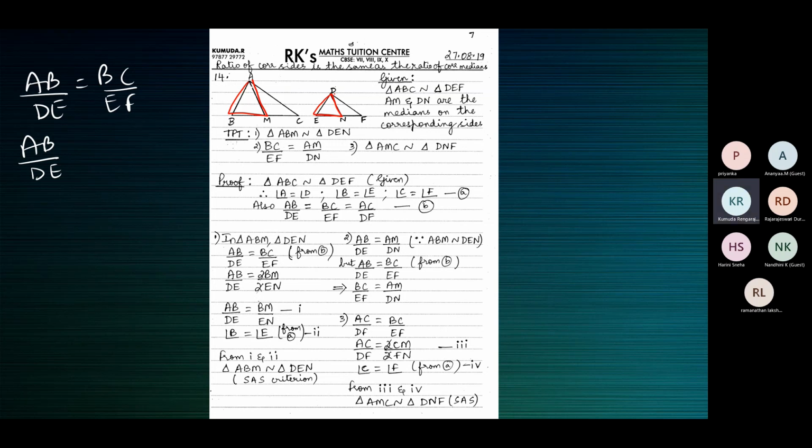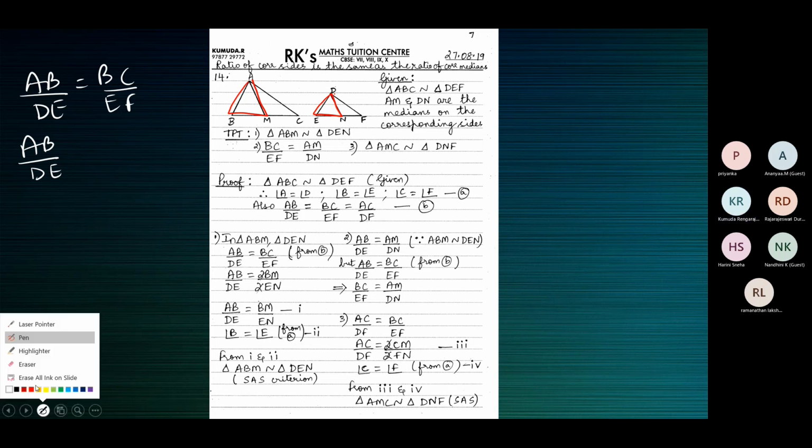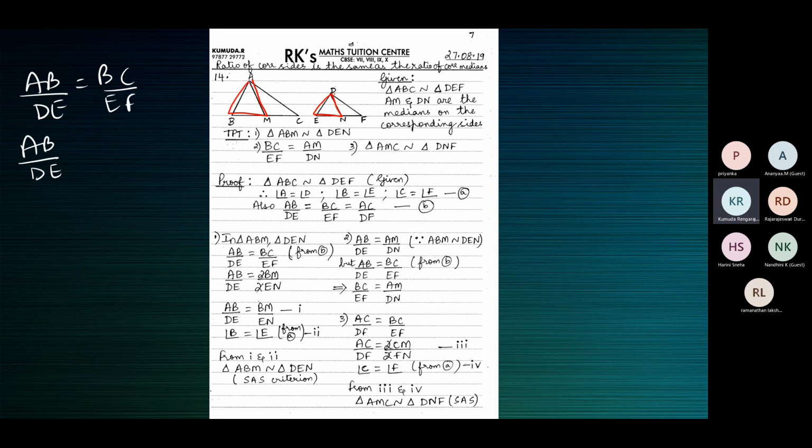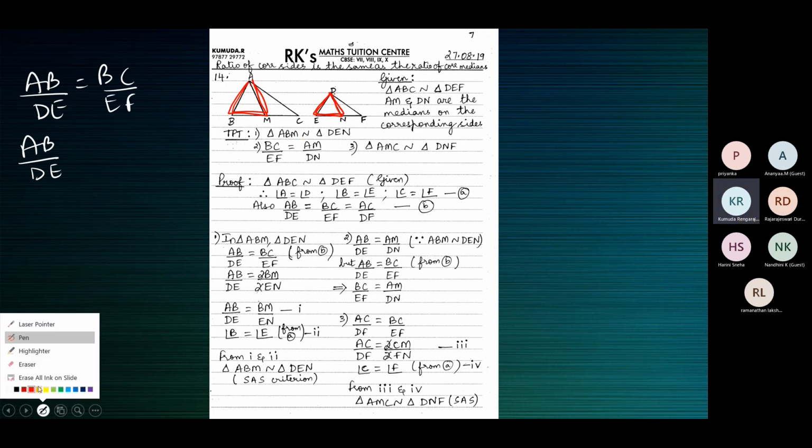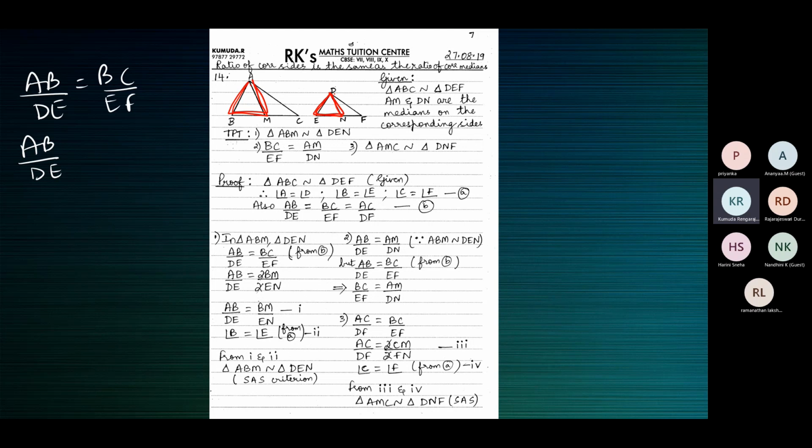Okay. So to prove that this triangle is similar to this triangle, take up the two triangles and write out what you know. Because the whole triangle is similar, AB by DE is equal to BC by EF. Now BC can be written as 2 times BM, because M is the midpoint.